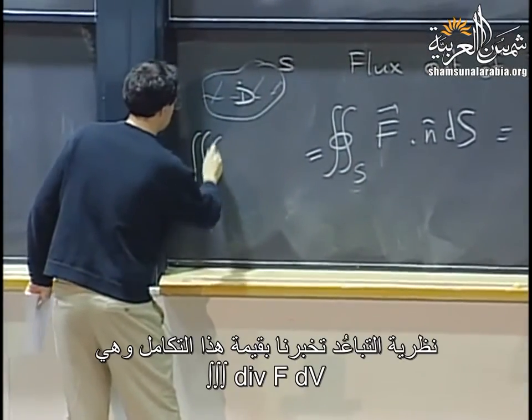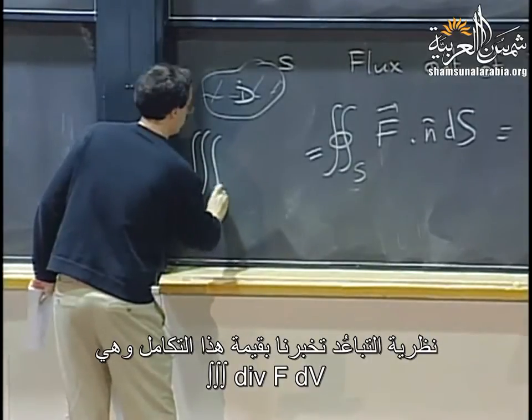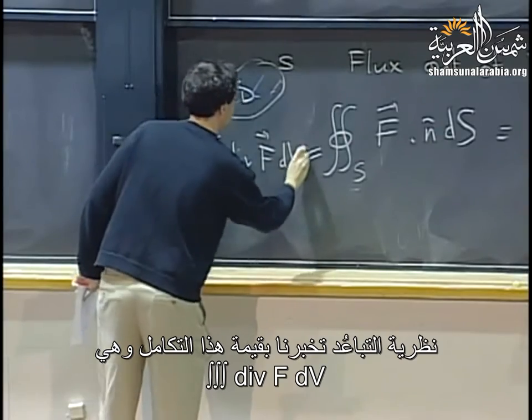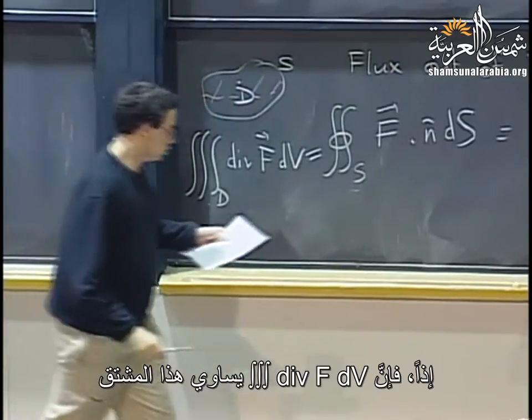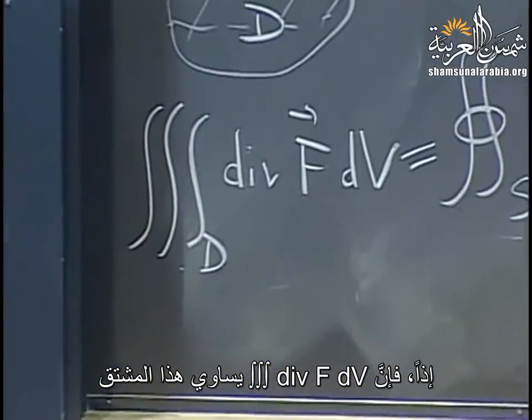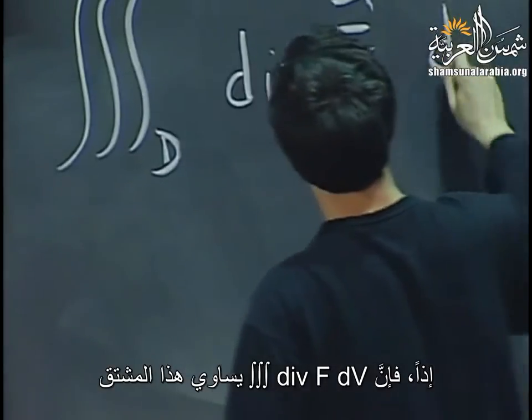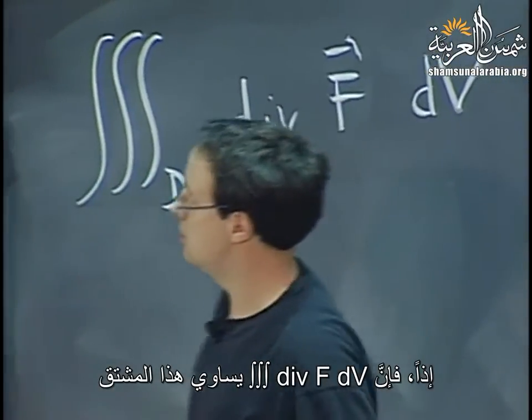The divergence theorem tells me this is also equal to the triple integral in D of div f dV. So what I got is that the triple integral over D of div f dV equals this derivative.